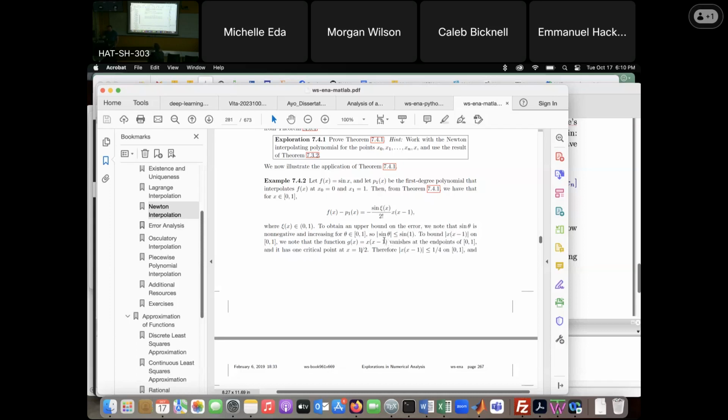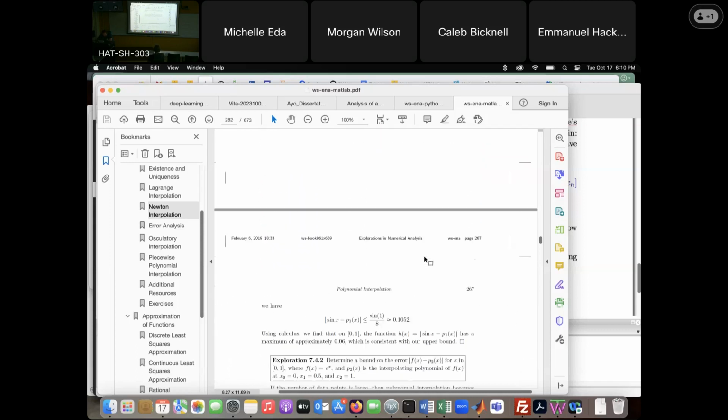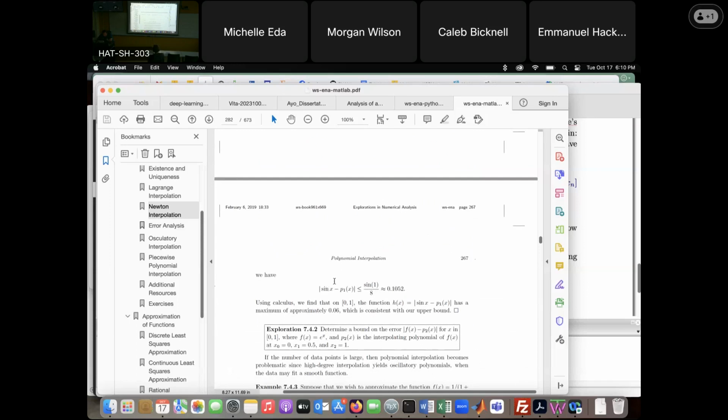So that simplifies things. You just plug the critical point in, and you find that the absolute value is less than or equal to 1/4. So altogether, the interpolation error is less than or equal to sine of 1 over 8. That's the largest the error could possibly be.